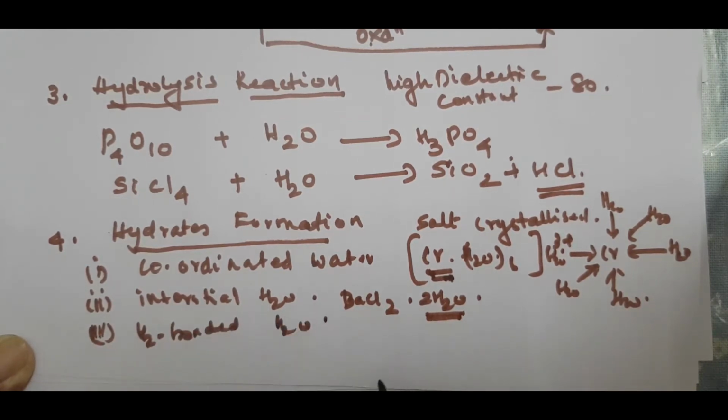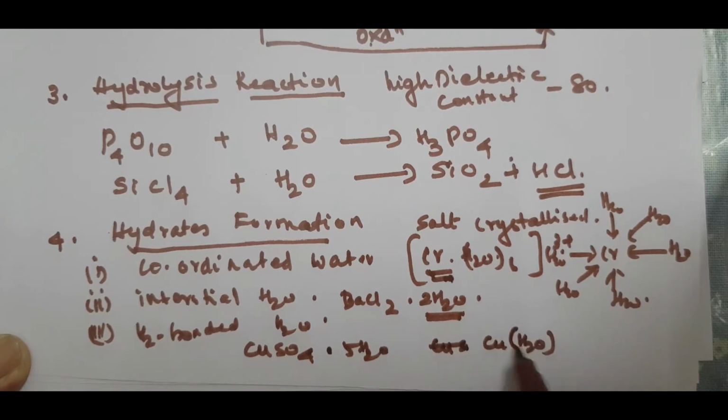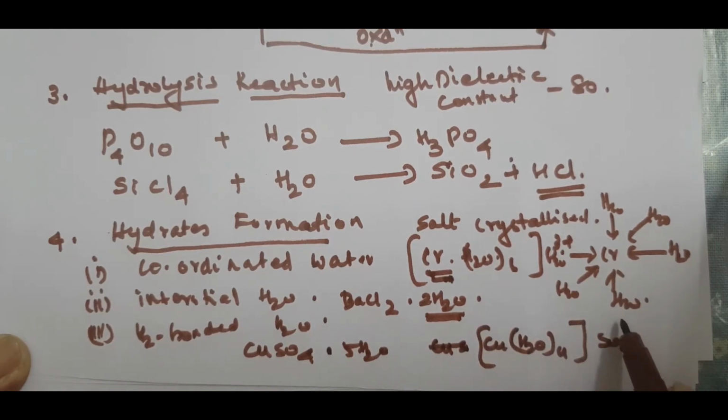Hydrogen bonded water means, for example, in the case of CuSO4.5H2O, hydrated copper sulfate. It is in the form of [Cu(H2O)4]SO4 2- dot H2O.